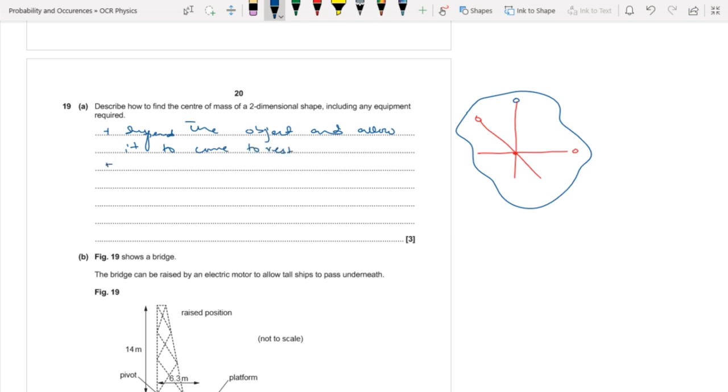Then using a plumb line or plumb bob, draw vertical down, repeat from different points, and the point of intersection is the center of mass.